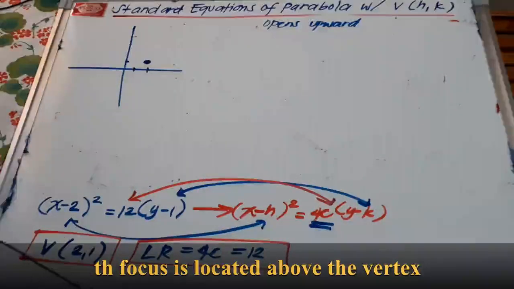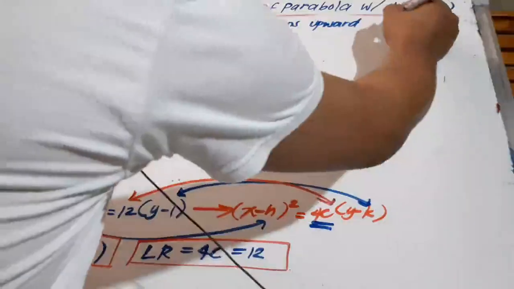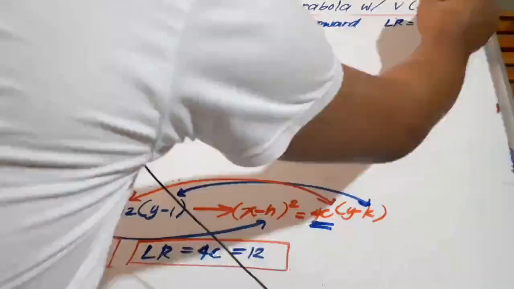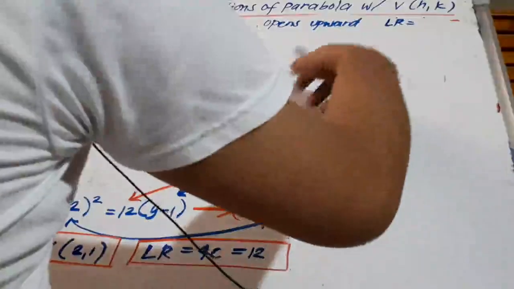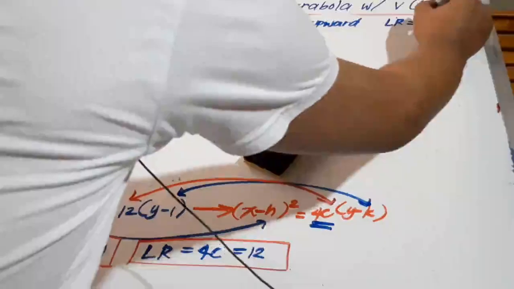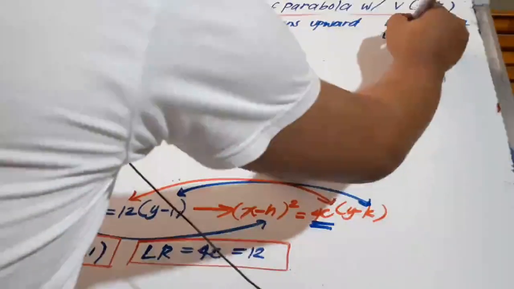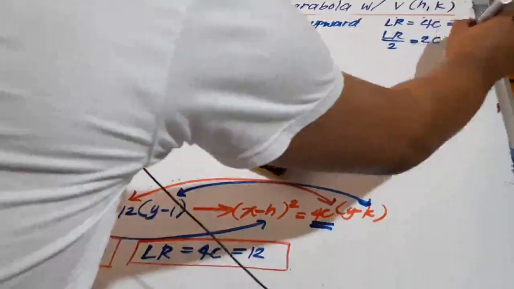Okay? Solve muna natin yung focal distance na si C. Okay, ito yung mga values natin. LR equals 4C, equal to 12. Ito yung 4C natin. This is 12. And then half of LR, kailangan natin yon, yung 2C, and that is equal to 6.